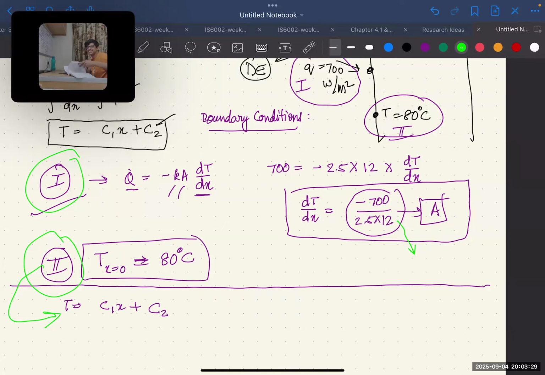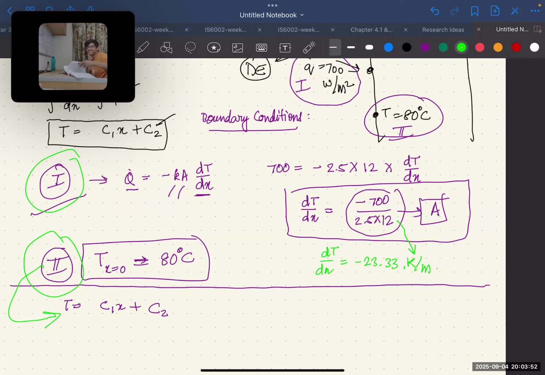Yes, correct. Minus 23.333. So we have dT over dx equals minus 23.33. This is Kelvin per meter.